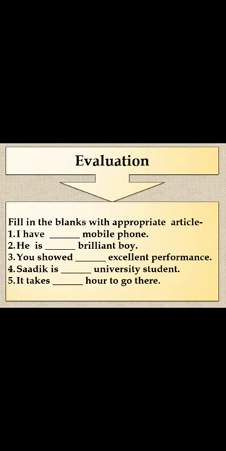Sadiq is a university student. U. If the vowel is pronounced like u or wa, there will be a, though the first letter is a vowel. He takes dash hour to go there. He takes an hour, because here h is silent.